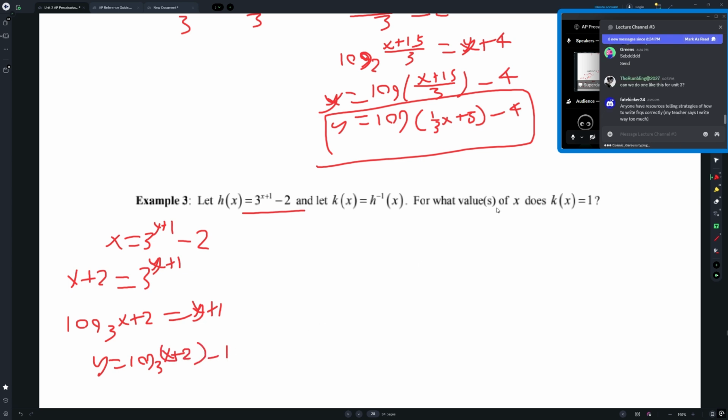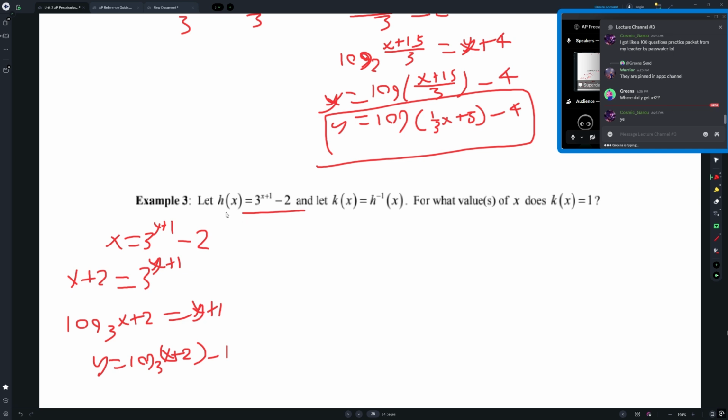Can we do one like this for unit 3? I went over a ton of these in the unit 3 lecture, we already have multiple. Yeah, I think that's where these questions are from: Brian Passwater's packets. Most of these MCQs are from his packet. Where did y get x plus 2?